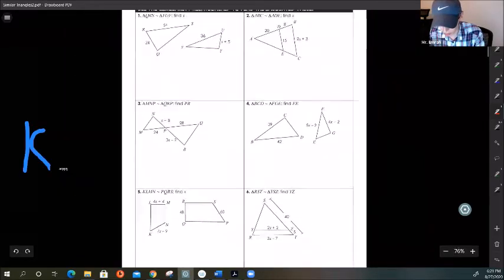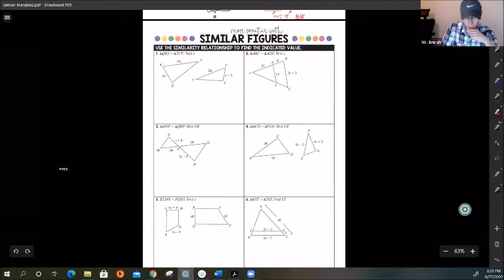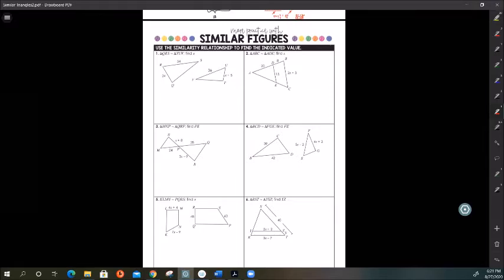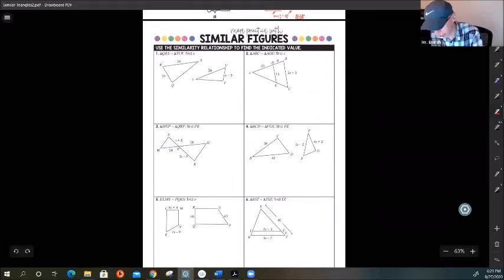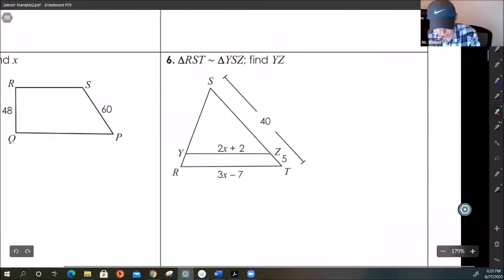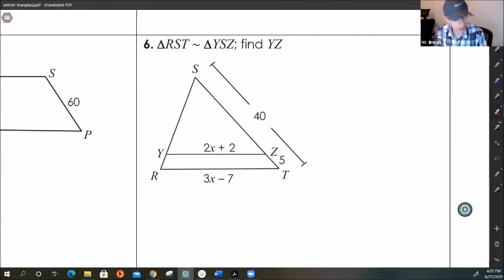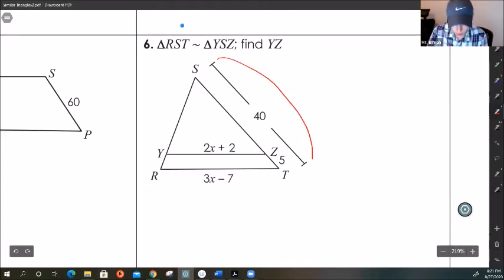Which one looks the hardest? You pick it. 6. All right, the person who likes a challenge chose it, right? What side corresponds? And this entire thing is 40, right? So this part has to be not 40, but 35. And then this bottom part is a 5 here.